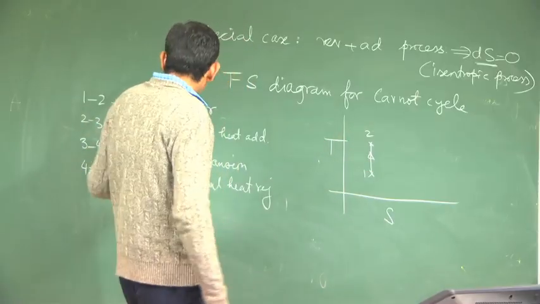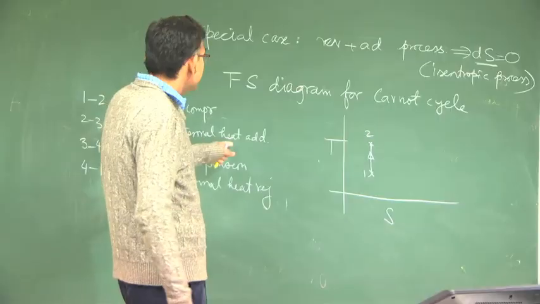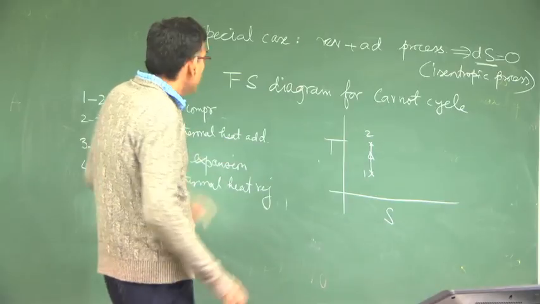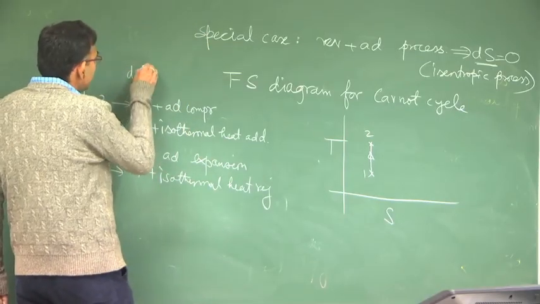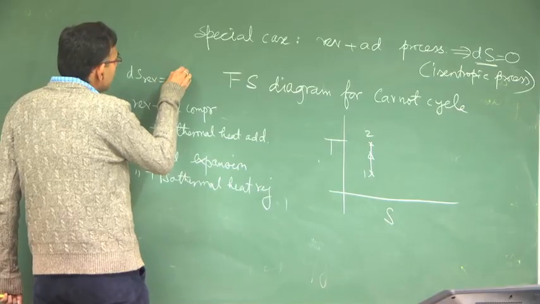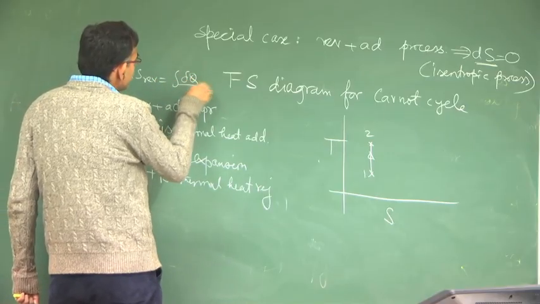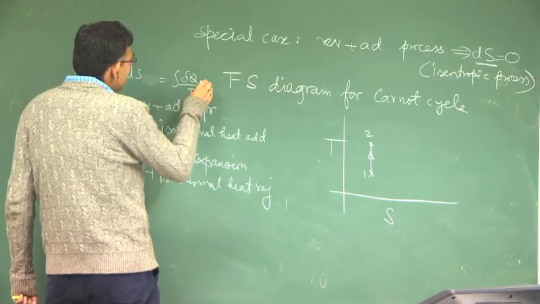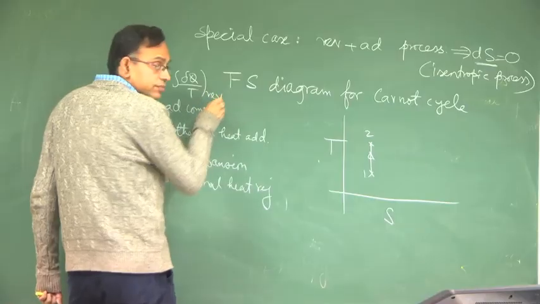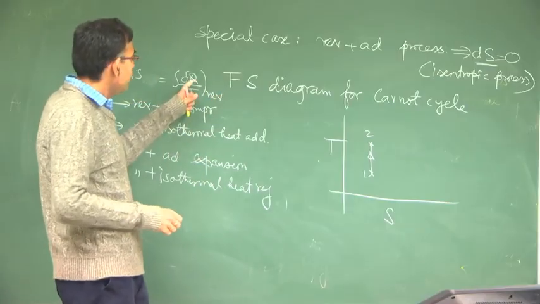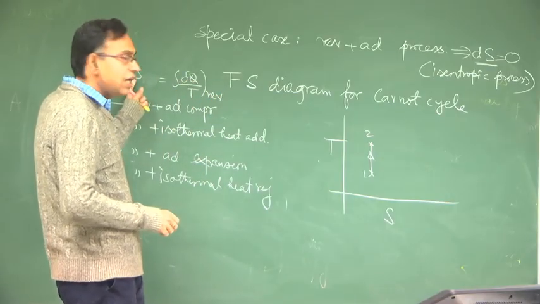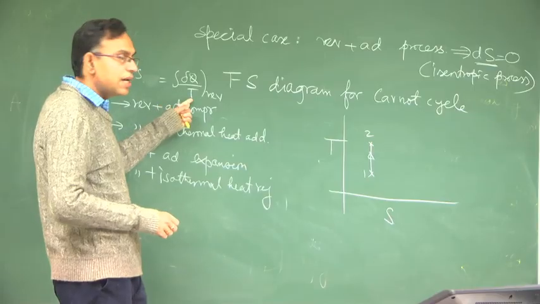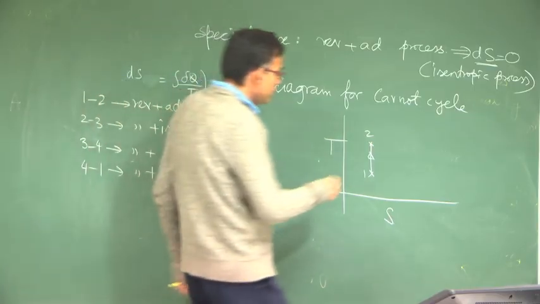2 to 3 you have reversible isothermal heat addition. So remember, ds reversible is del q by T. So if del q is positive, then ds is positive, because T is absolute temperature, always positive.